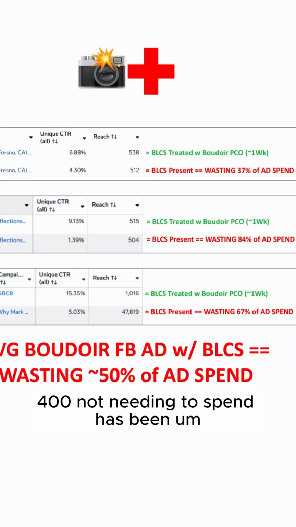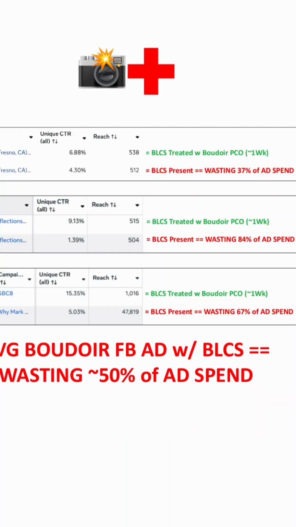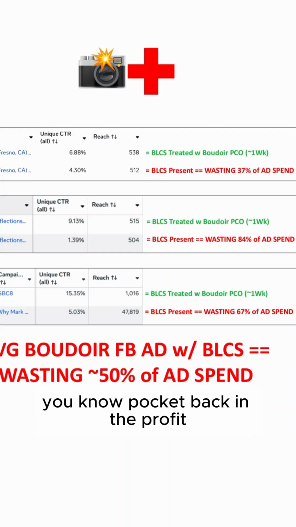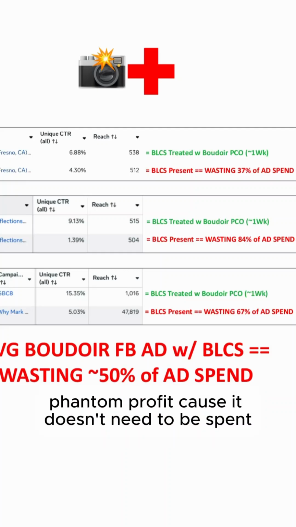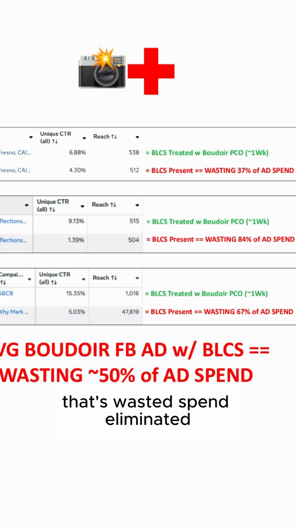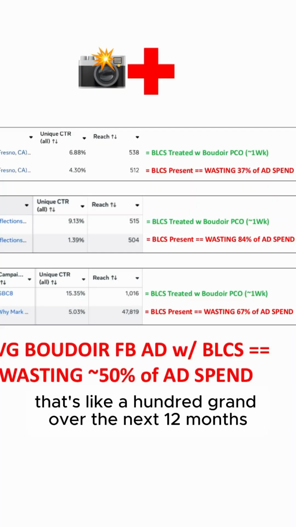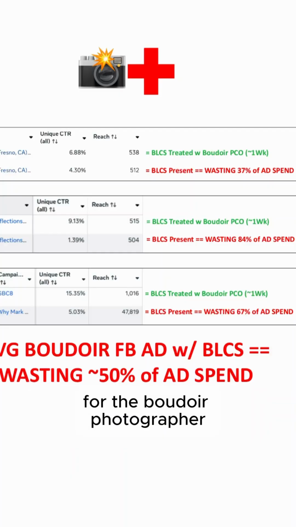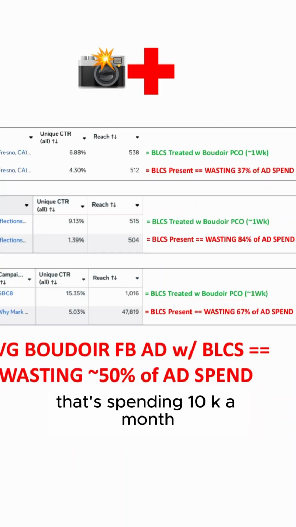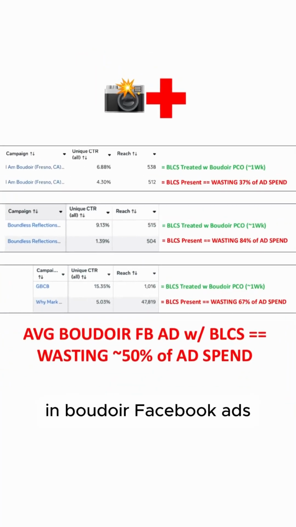So the 8,400 not needing to be spent goes back in the pocket, into the phantom profit, because it doesn't need to be spent. That's wasted spend eliminated. That's like 100 grand over the next 12 months for the boudoir photographer that's spending 10K a month in Boudoir Facebook ads.